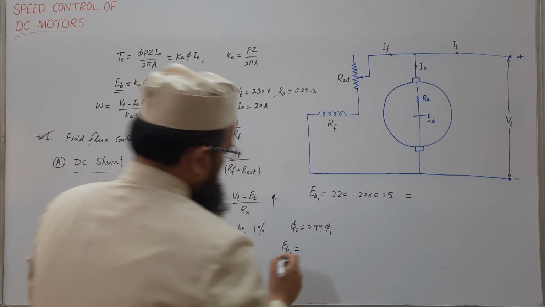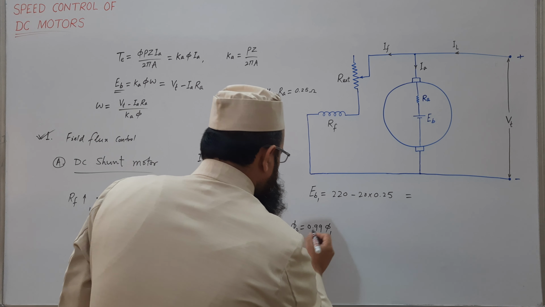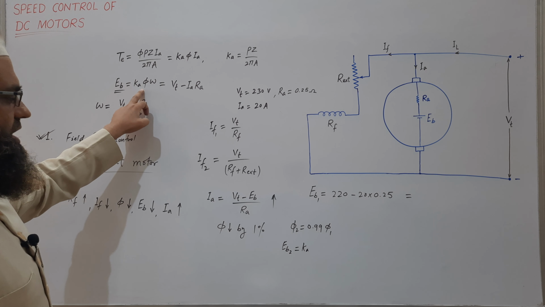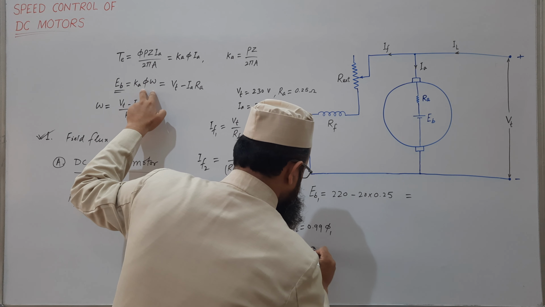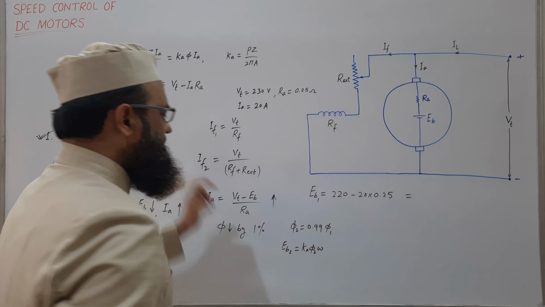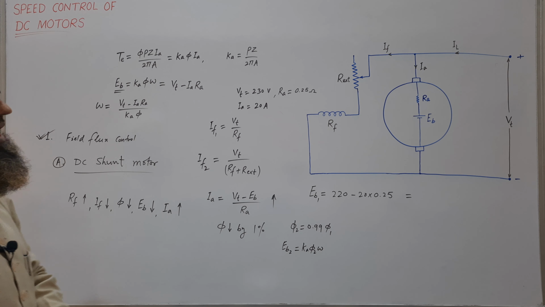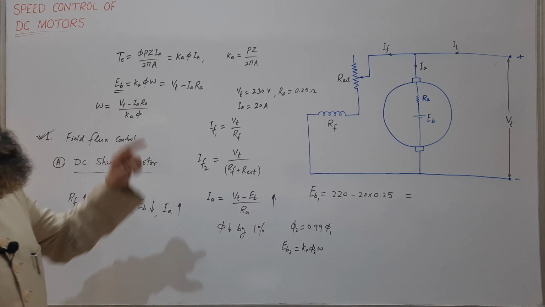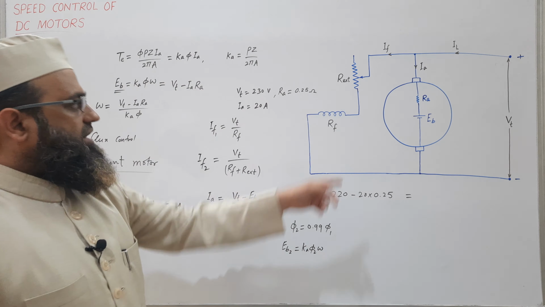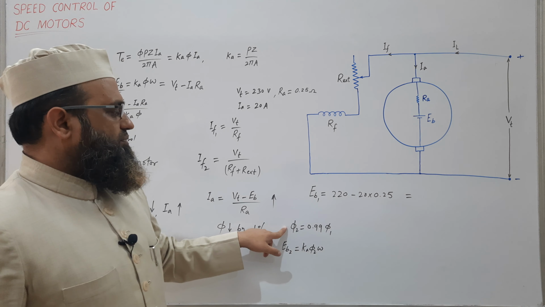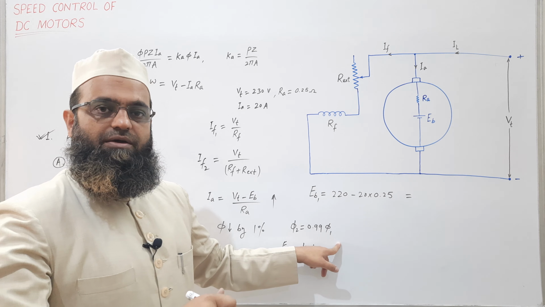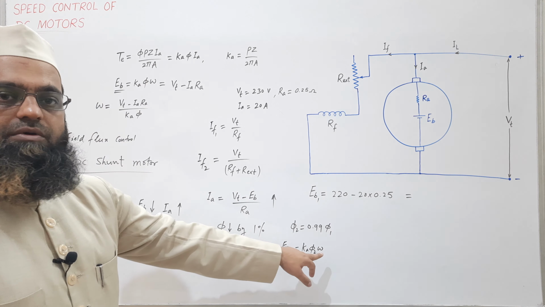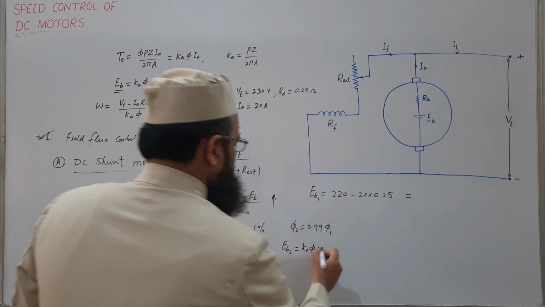So Eb2 will be equal to, phi has been decreased, constant Ka, put this formula, Ka times phi 2 omega. I am not writing omega 2 as omega can't be changed instantaneously due to the inertia of the machine. So we are talking about the moment when suddenly the field flux is decreased by 1%, the moment when we have decreased the field flux. So Eb2 becomes this.